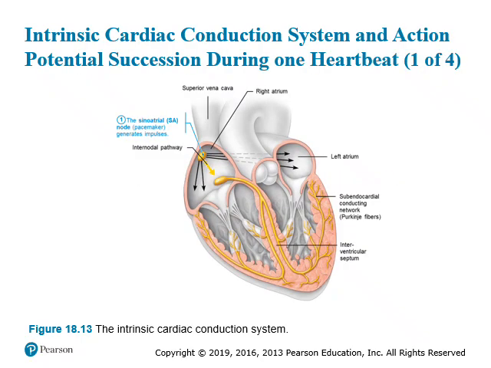We're now going to discuss the intrinsic cardiac conduction system and the action potential succession that is happening in one heartbeat. How does the human heart contract? We all know that probably from grade school or middle school, you know already that your heart has its own independent contraction system. How does it contract?